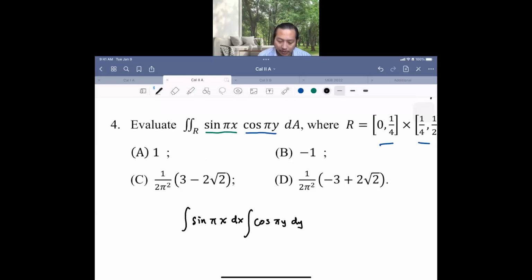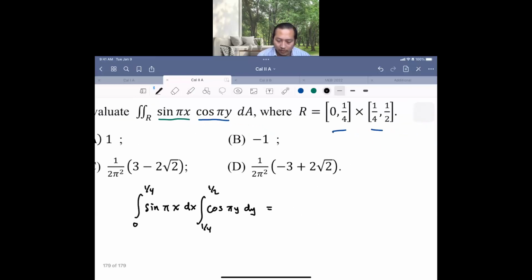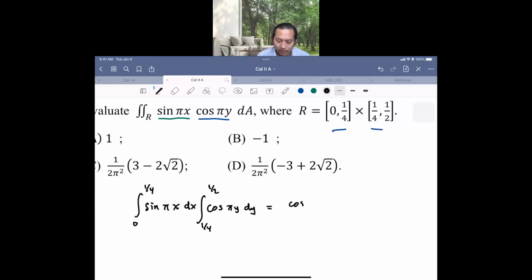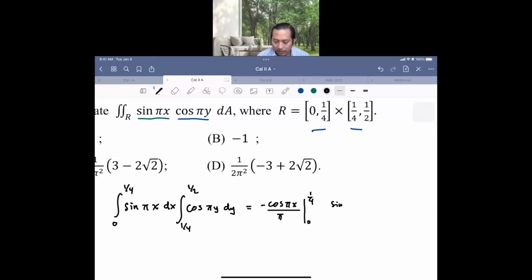Sine pi x is from 0 to 1 over 4, and this is from 1 over 4 to 1 over 2. So this will result in negative cosine pi x divided by pi from 0 to 1 over 4. Cosine will become sine pi y over pi, from 1 over 4 to 1 over 2.